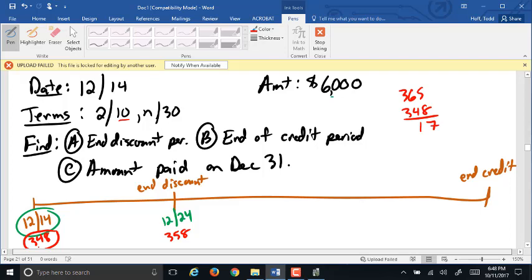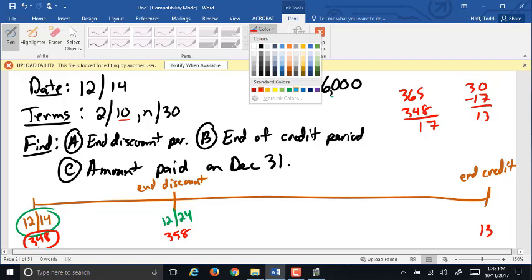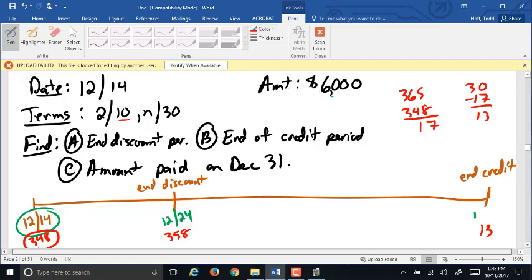There are 17 days that have gone by. So how many days are left in the credit period? 30 minus 17 is 13. That means we need to go 13 days into the next year. So that would be on January 13th. So the credit period ends on January 13th.